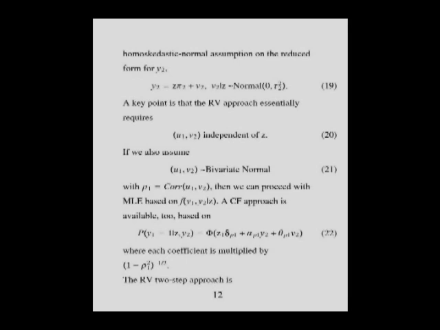the way to think about the kinds of restrictions that are needed is that the reduced form of y2 is a classical linear model, and then jointly, the u1 and the v2 are independent of z, and bivariate normal, in fact. Then when you work out what the control function is in this case, which is equation 22, this is exactly the sort of thing we derived before.